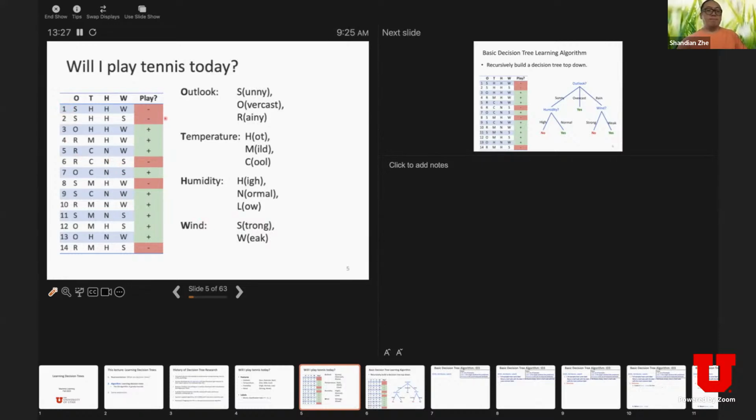And here we mark the negative examples as red and the positive examples as green, just to differentiate the 2 sets of examples. Is everyone clear about this data set?